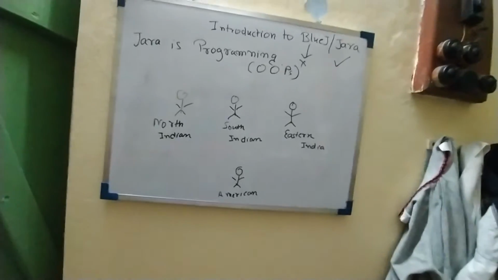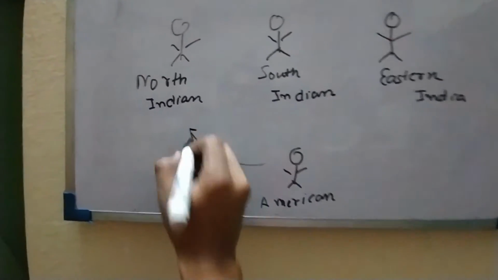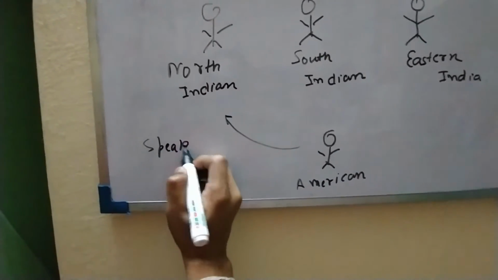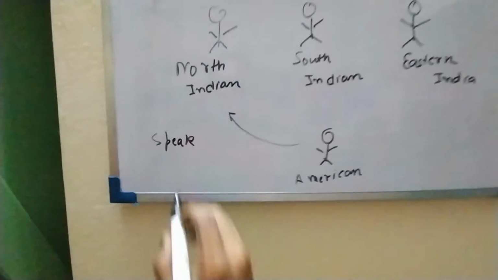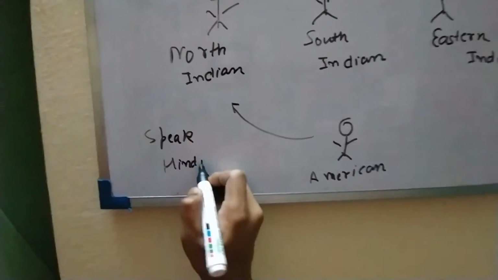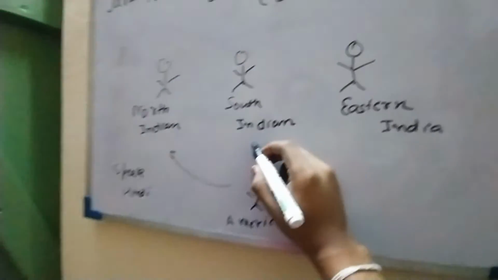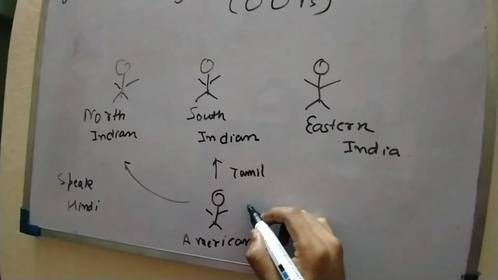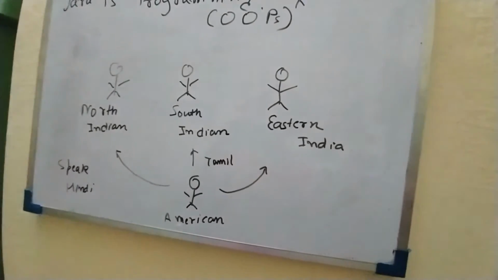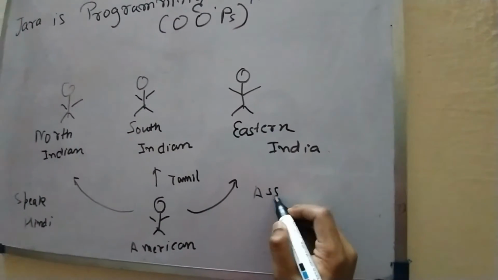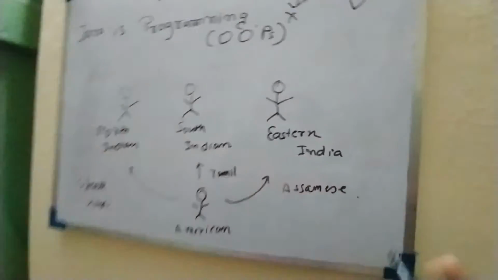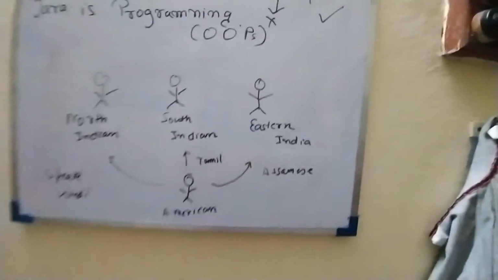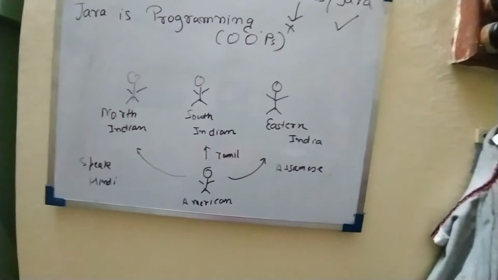So, in order to talk to them, you can speak Hindi, you can speak Tamil, and you can speak Assamese. So you need to speak three different languages in order to make these three different people understand.